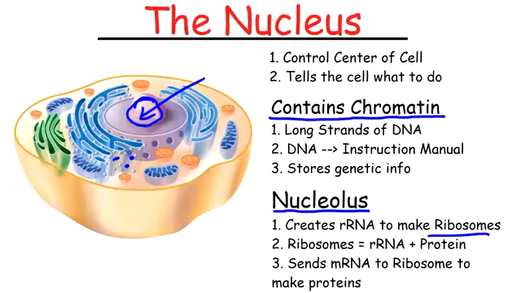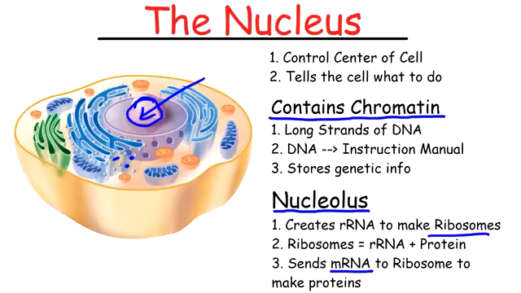Now, the ribosomes consist of ribosomal RNA and proteins, but they manufacture proteins. Now, the way the nucleus makes proteins is that it sends mRNA or messenger RNA, which carries the instructions to the ribosome to make the specific type of protein that's needed for the cell.